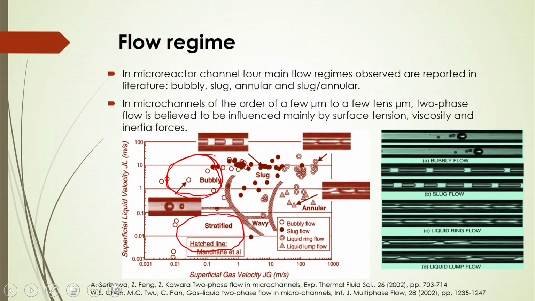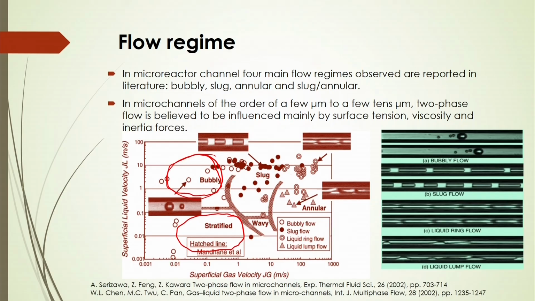You can also have wavy flow, a variant of stratified flow. If the gas flow rate is higher, you can expect wave formation at the interface of the gas and liquid. That is called wavy flow.